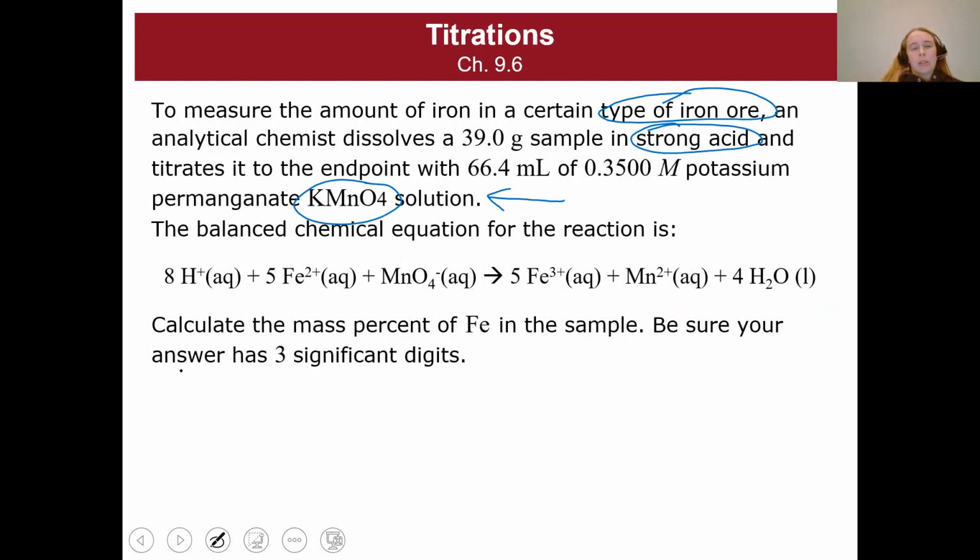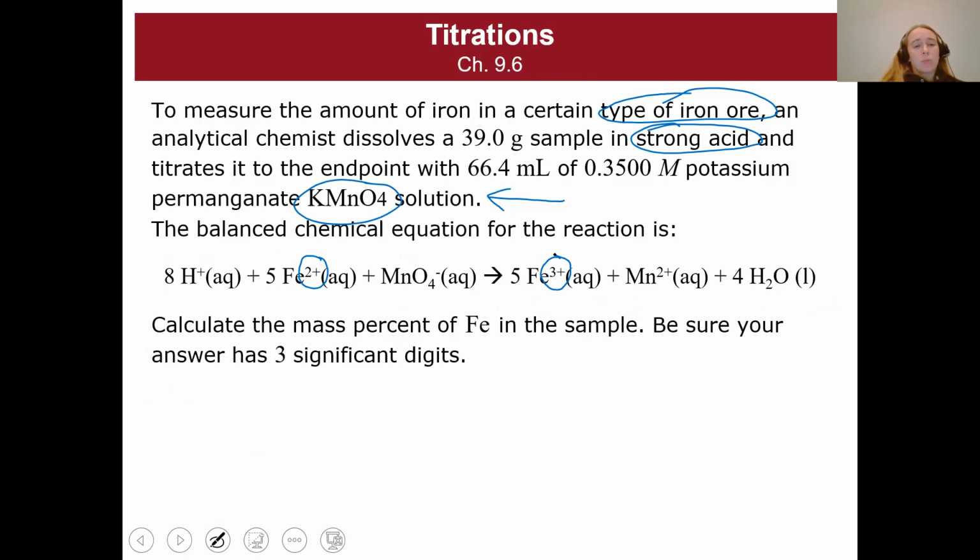The easiest part to identify is that there's a 2 plus here on this iron ion. There's a 3 plus here on this iron ion. So neglecting anything else, this is a redox reaction because the oxidation number of iron changed.